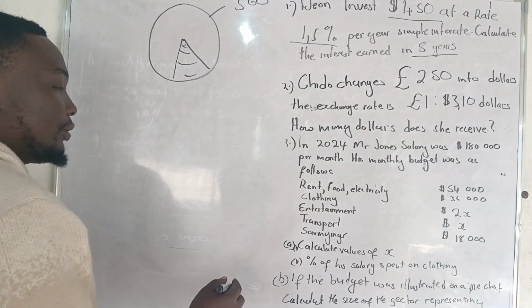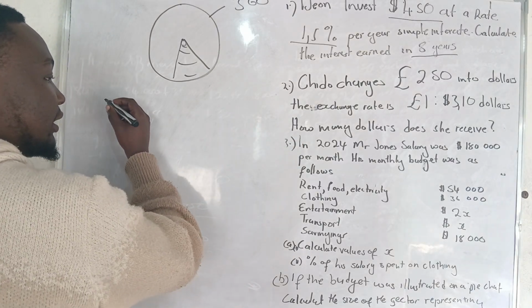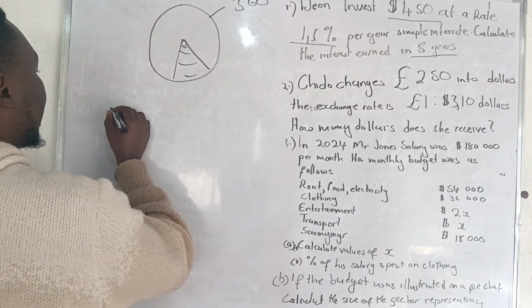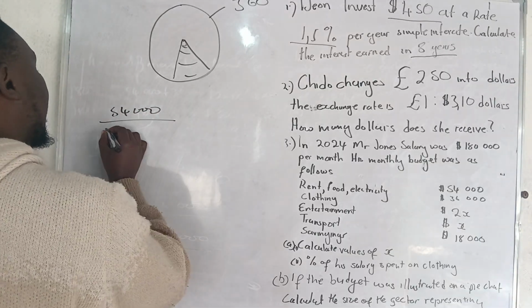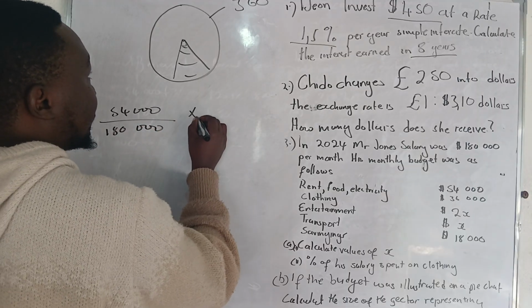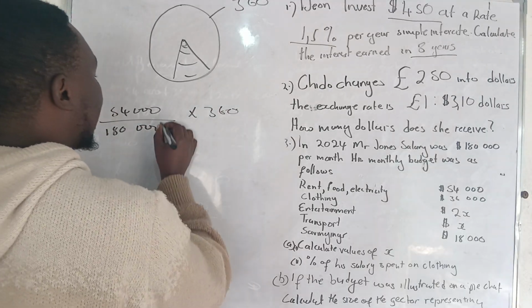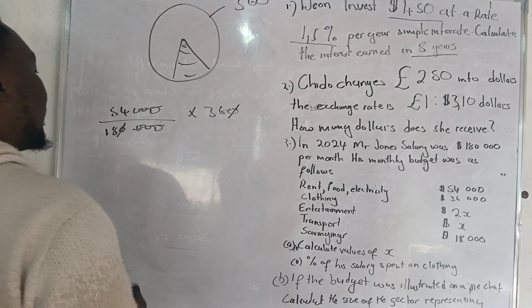So what you're going to do is say the amount represented by rent, food, and electricity, 54,000, divided by the total amount, 180,000, multiplied by 360.